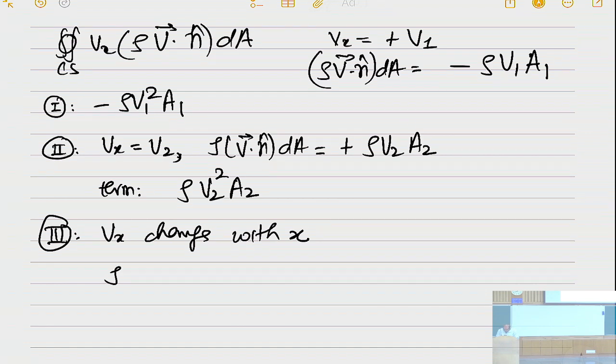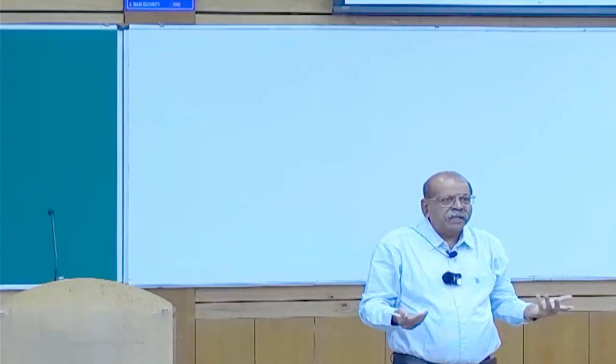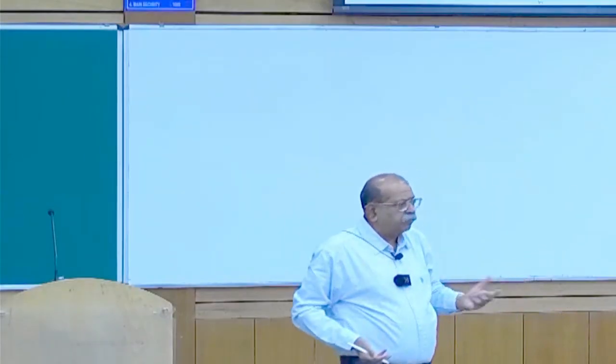But what happens to rho V dot n dA? This will be 0. No flow is crossing surface 3. Surface 3 is this one, the inclined surface. So there is no flow crossing there. So therefore V dot n dA becomes 0. So you don't have to bother.